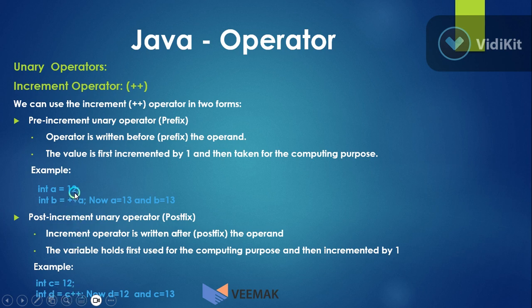Before, what it does is first the value is increased, then the increased value is assigned to b. Now the c value is assigned to d, then the value is increased. So d = 12. 12 is assigned to d. Then the value is increased, c = 13. c++, 12 plus 1, 13. This is the pre-increment and post-increment unary operators.